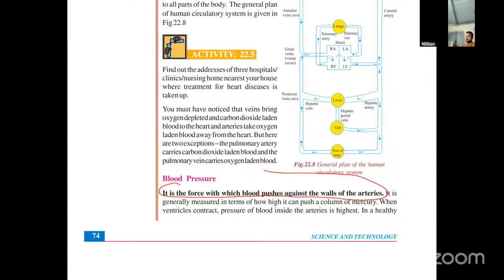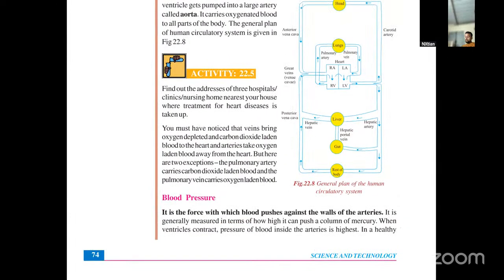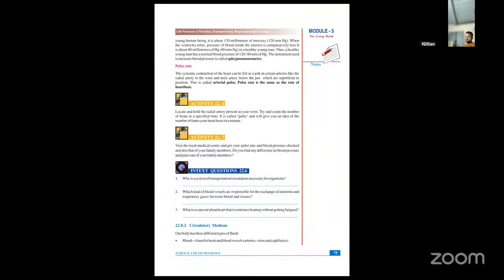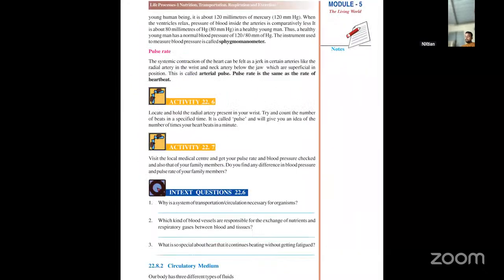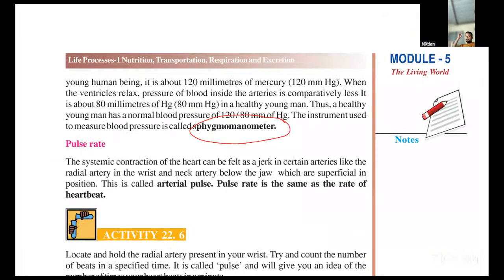So basically, blood pressure is the pressure found in the arteries, not in the vein. There is an instrument from which we can find out the pressure in the artery. This instrument is called a sphygmomanometer.